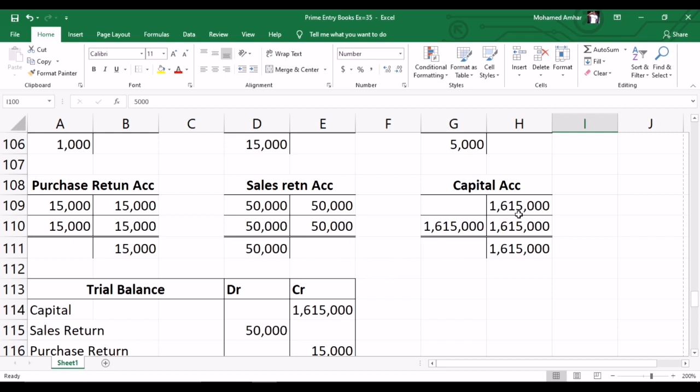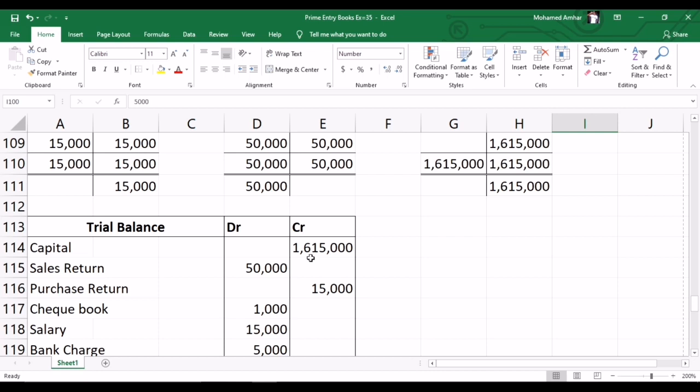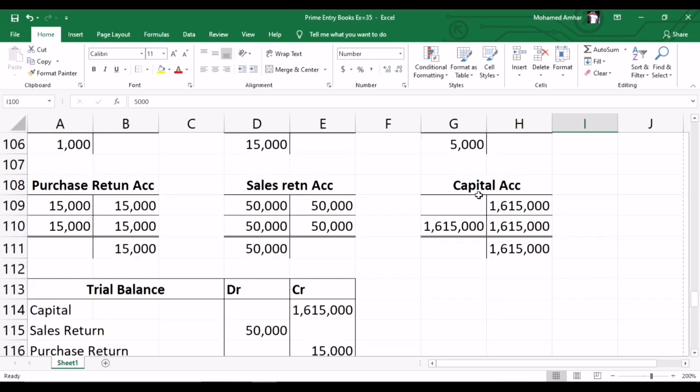Now these brought forward balances should be taken to trial balance. You have to see the brought forward balance is in which side. See, capital account brought forward balance is in the credit side, no? So you take to credit side to trial balance. Capital balance, credit side.